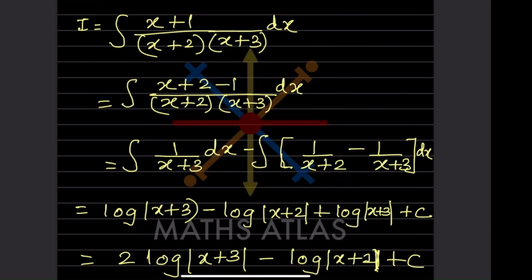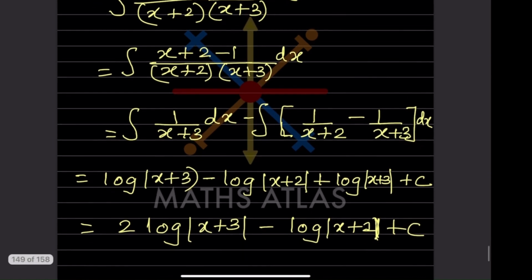For this one we again have the formula. We can write integration of 1 by x plus 3 dx minus integration of 1 by x plus 2 dx. We can also write in this form. Now 1 by x plus 3 integrates to log of x plus 3.